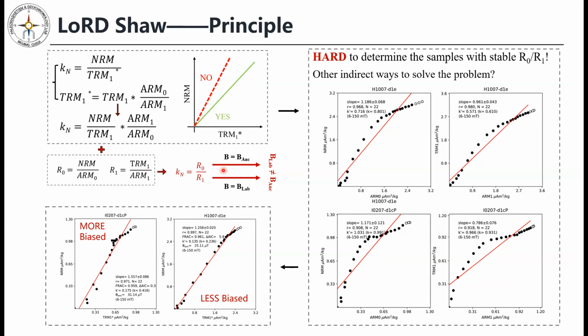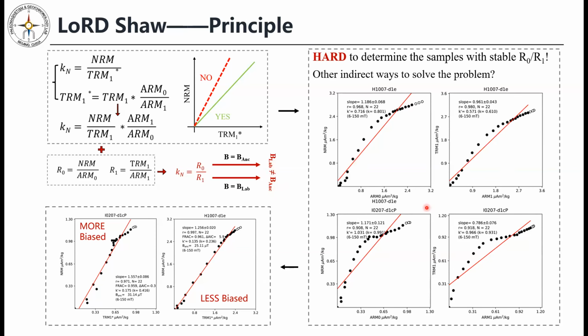So if we have an equivalent ancient field and lab field, this ratio will be close to 1 and will indicate an unchanged R ratio and also an accurate paleointensity. But we don't know the ancient field, and in most cases, the lab field does not equal the ancient field. So we cannot determine the unchanged R directly. So are there any ways to solve this problem?